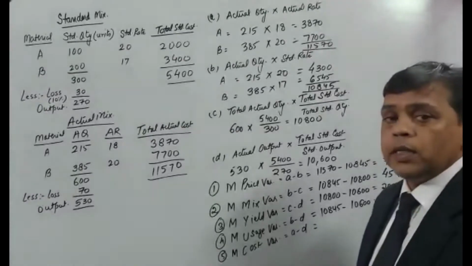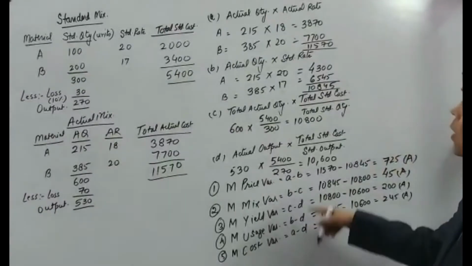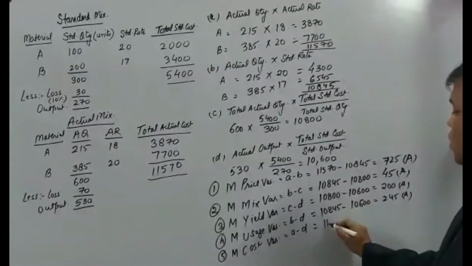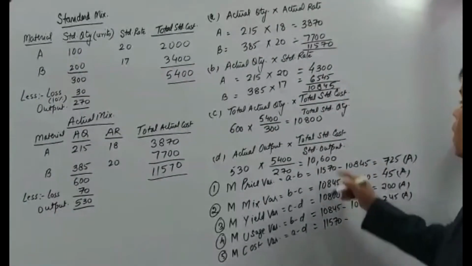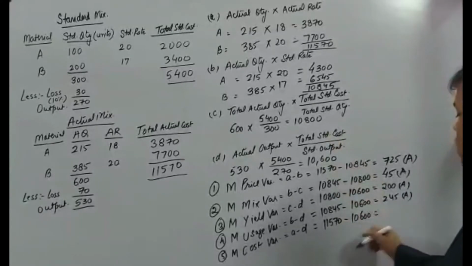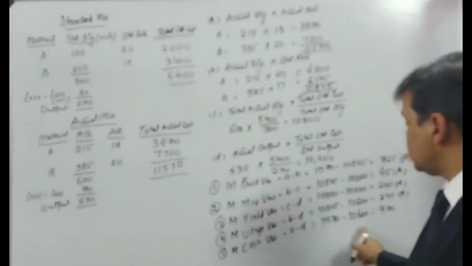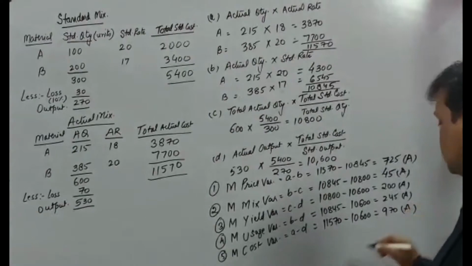And then the last one is material cost variance, which is A minus D. A minus D basically means 11,570 minus 10,600, which is 970 positive. Positive means adverse, right?